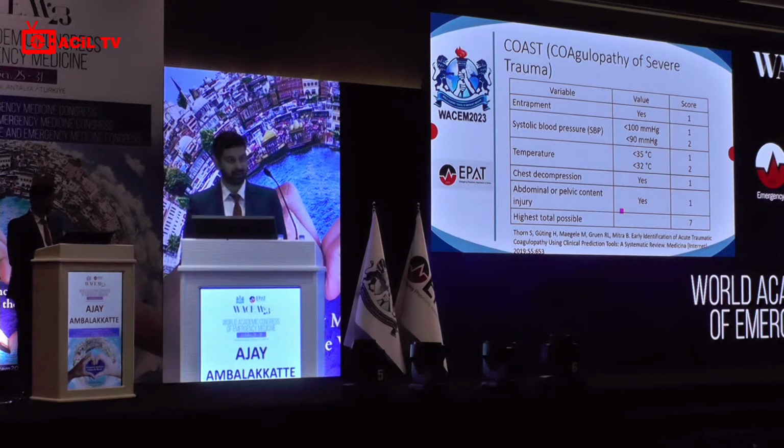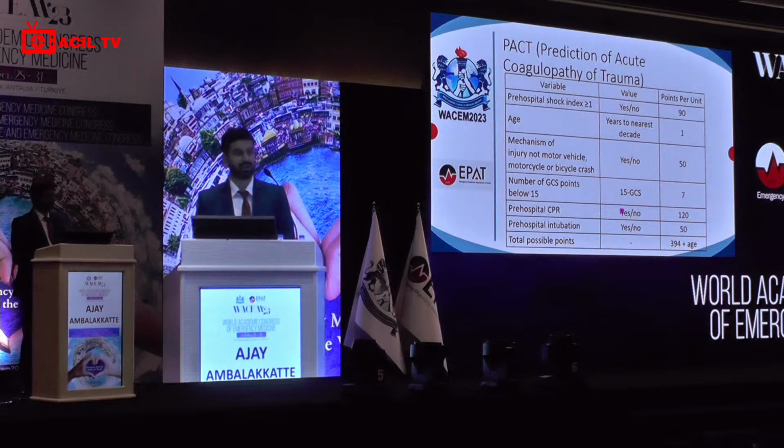It's an externally validated score. The second scoring system, which is usually used, is the prediction of acute coagulopathy of trauma. This had a validation and a derivation cohort, but the inclusion and exclusion criteria in the validation and derivation cohorts were not the same, so the external validity is questionable.